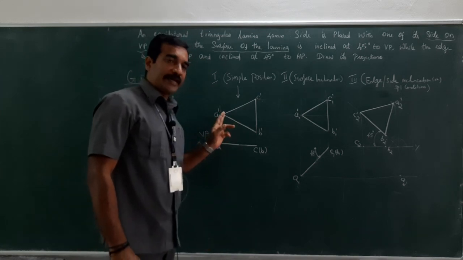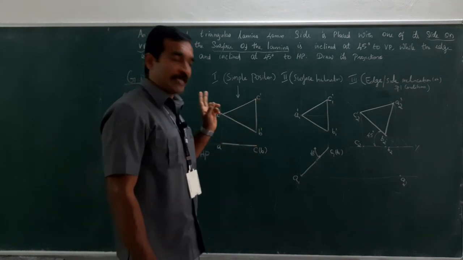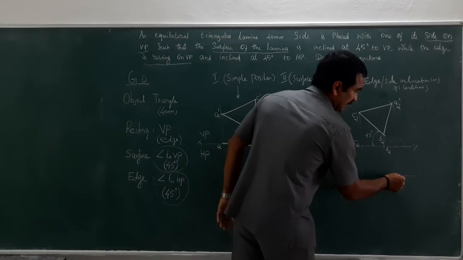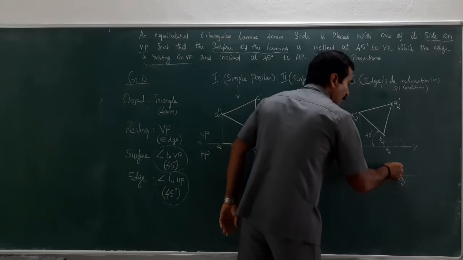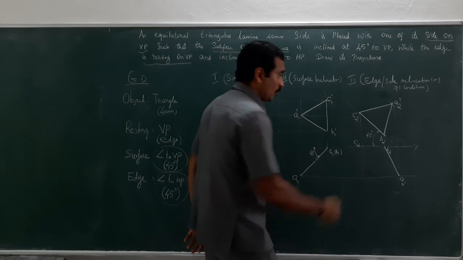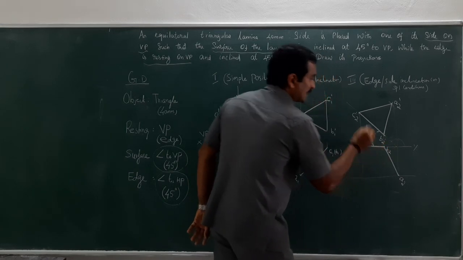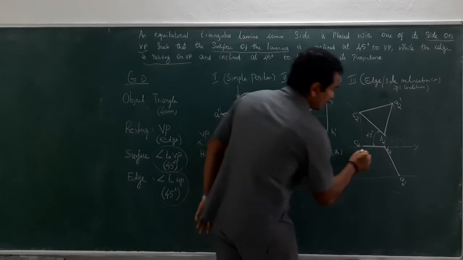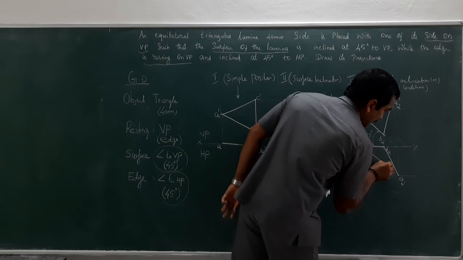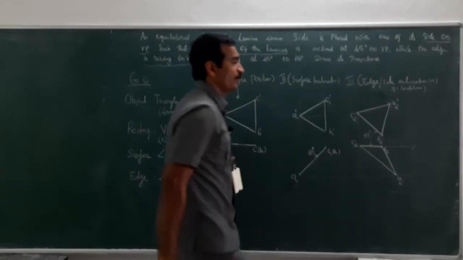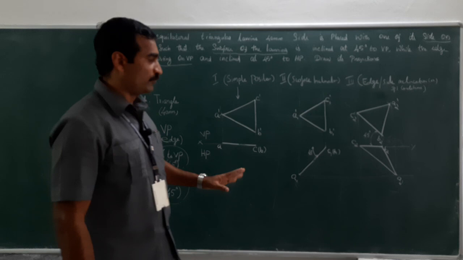How did I draw the triangle? A to B, B to C, C to A. So, similarly, I just connect A to B, B to C, next C to A. So, it's very simple.